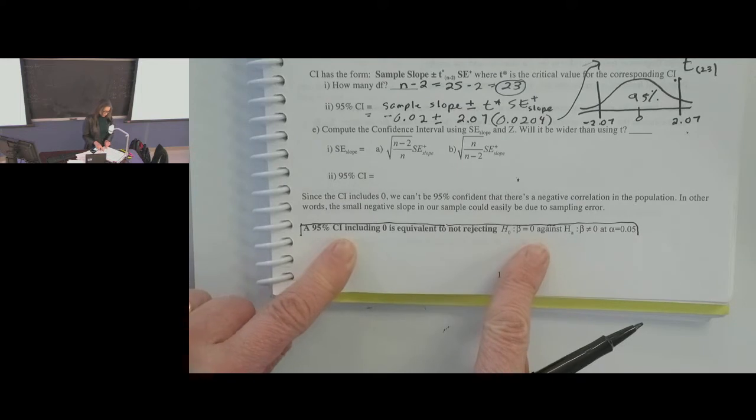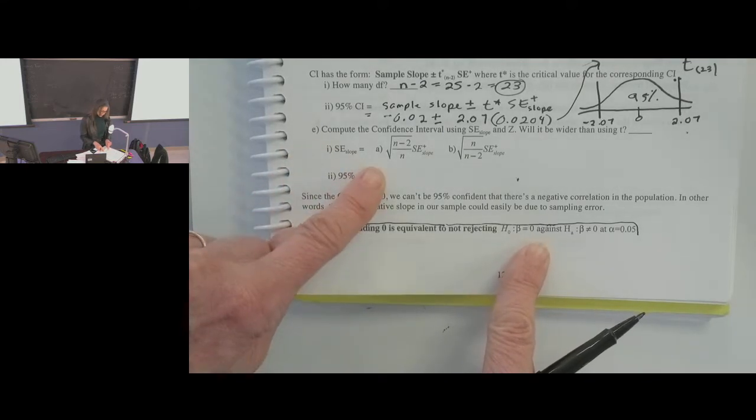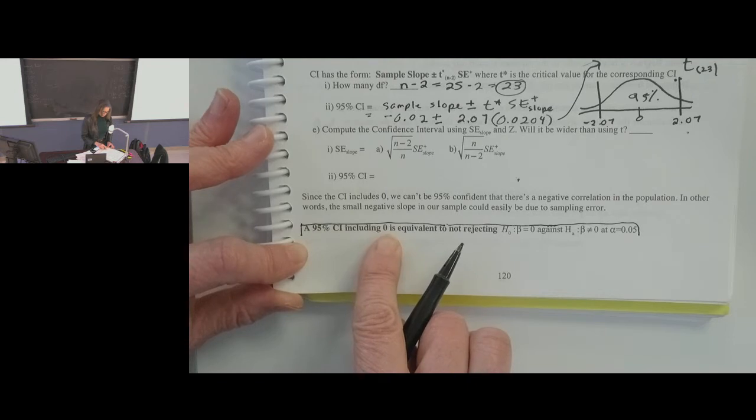So it's very similar. A 95% confidence interval including 0, like ours, means we really can't reject the null.